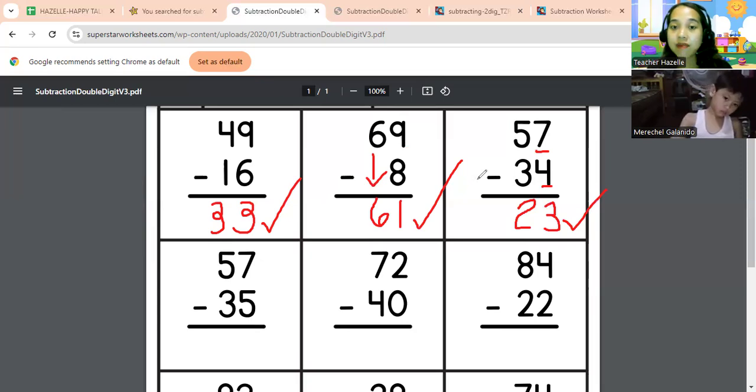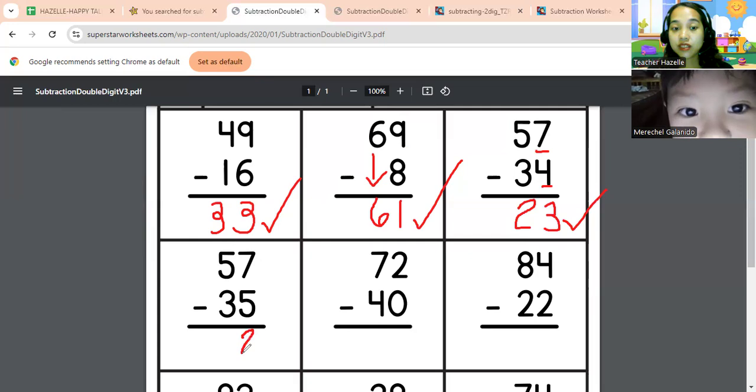Okay, how about 57 minus 35? Let's have 7 minus 5 first. 7 minus 5 equals how many? 2. Very good.